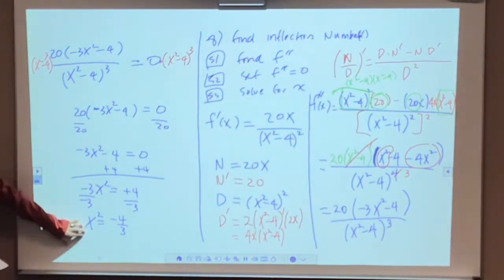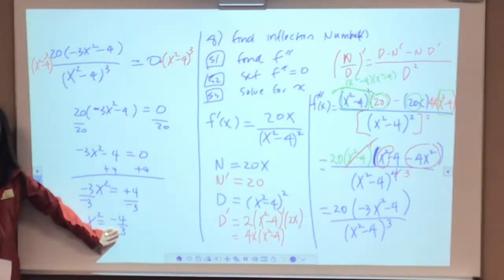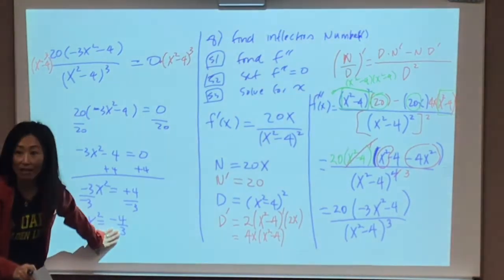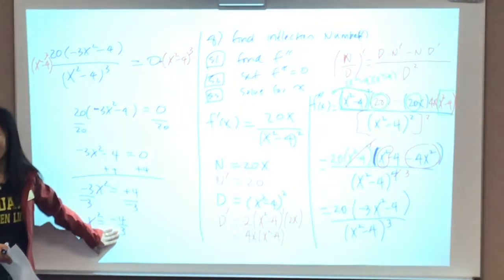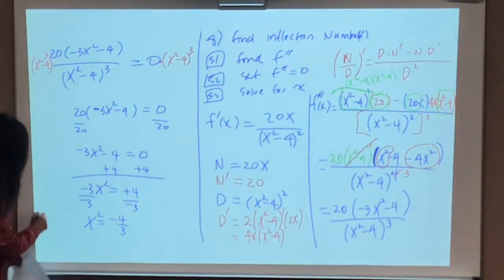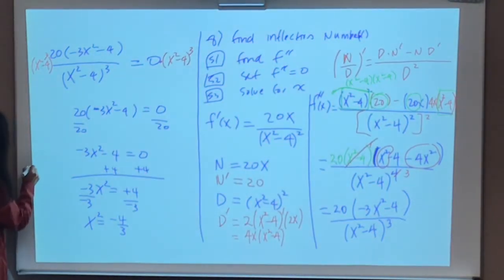Can I have a square equal to a negative number? No. You will have what? Imaginary number. Are you with me, class? So you're gonna say what? No inflection number.